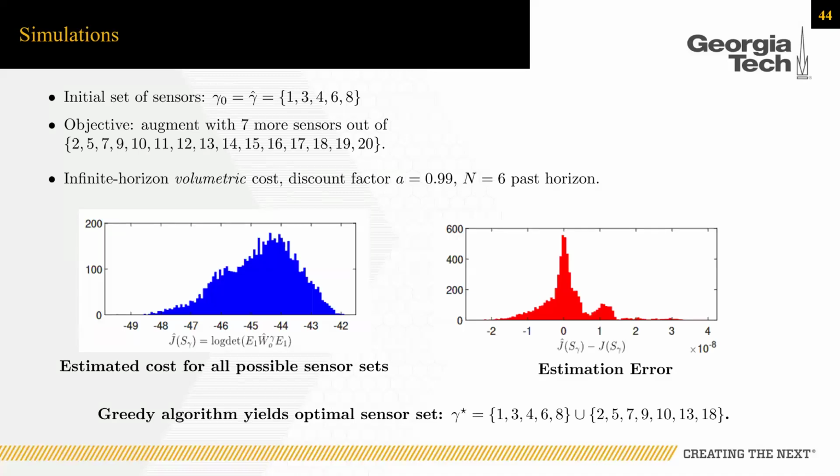What you see on the left is the estimated cost for all possible sensor sets, and on the right is this measurement, which you can see is close to 0. The greedy algorithm started from the initial set but then incorporated 2, 5, 7, 9, 10, 13, and 18, which are the optimal ones.